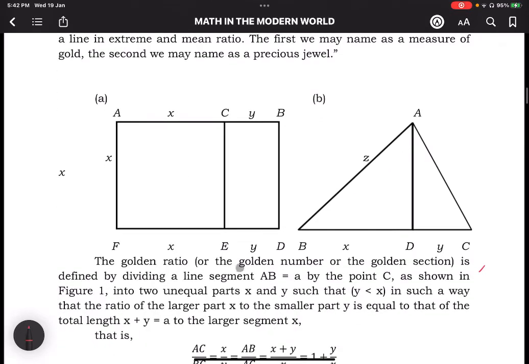Okay, the golden ratio or the golden number or the golden section is defined by dividing a line segment AB.